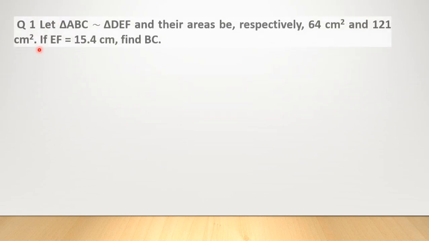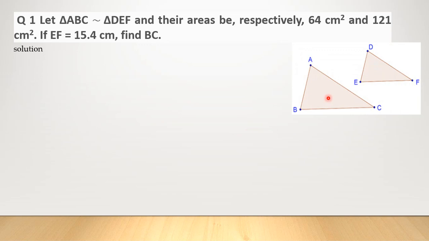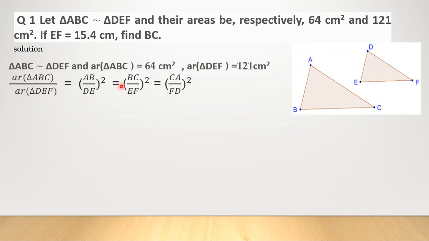So here is the question: let triangle ABC be similar to triangle DEF, and their areas are given respectively as 64 centimeter square and 121 centimeter square, and EF is given as 15.4 centimeter. Find out BC. Now for these two triangles, as they are similar triangles, area of triangle ABC is 64 centimeter square and area of triangle DEF is 121 centimeter square.